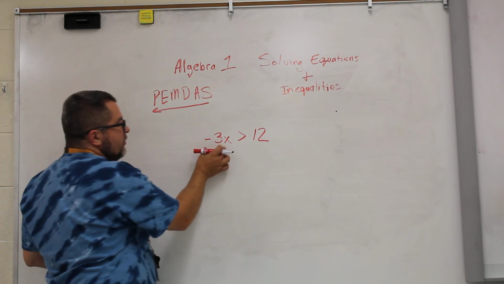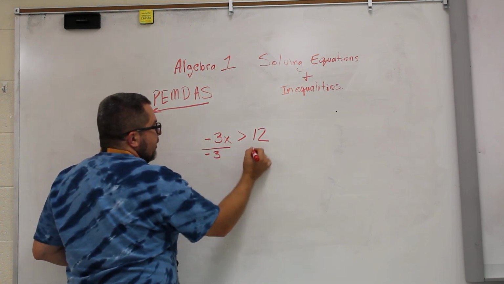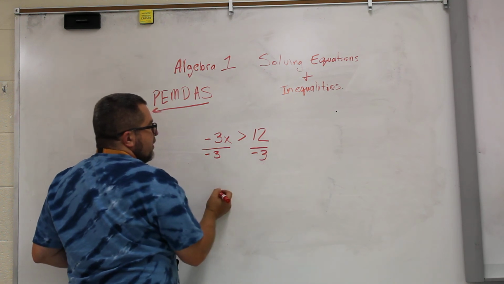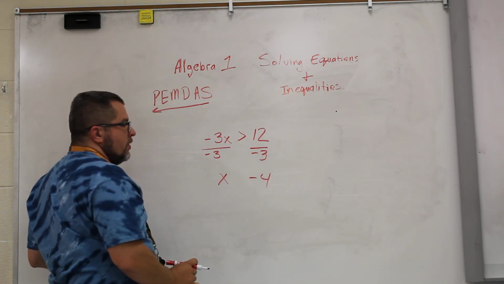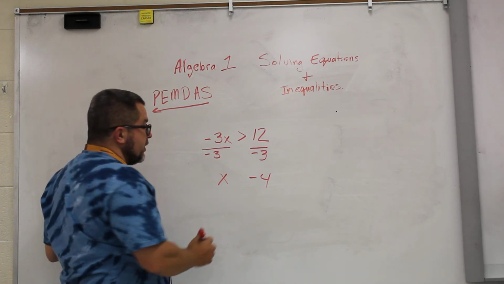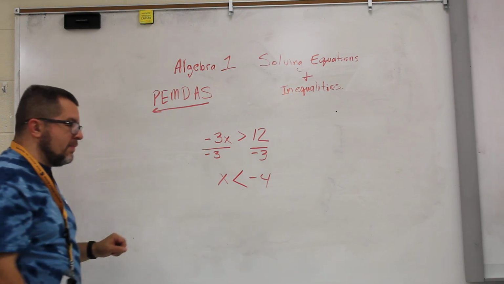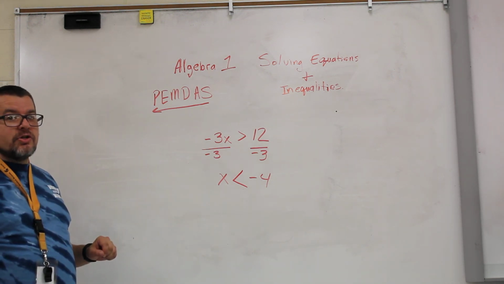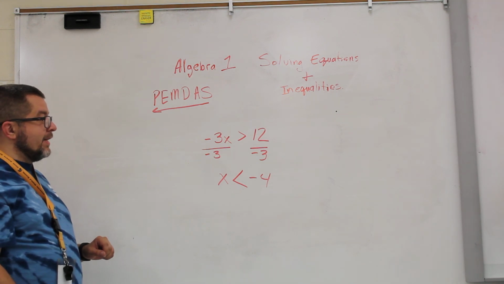Well, when we do our inverse operation on this, it's going to divide by negative 3. And so we have x and we have negative 4. The only thing that's really going to change is because we divided by a negative: anytime you multiply or divide by a negative, you'll have to change the sign in the middle from greater than to less than.